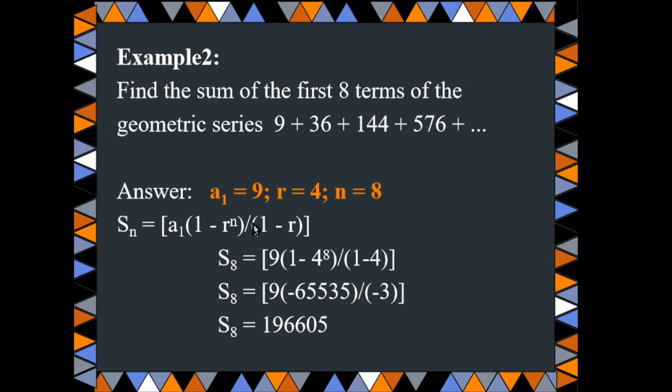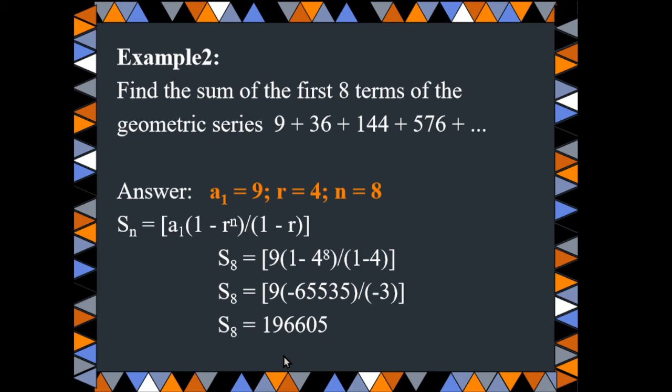We use the formula and substitute all the given. A sub 1 is 9, so 9 times the quantity 1 minus 4 raised to 8, over 1 minus r, or 1 minus 4. So S sub 8 is equal to 9 times negative 65,535 divided by negative 3.